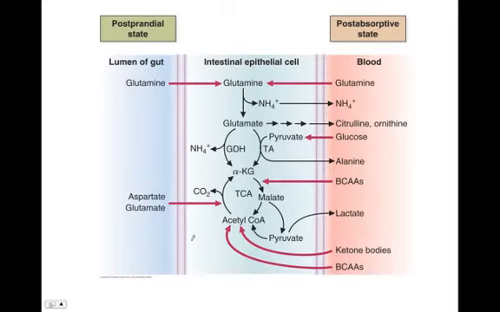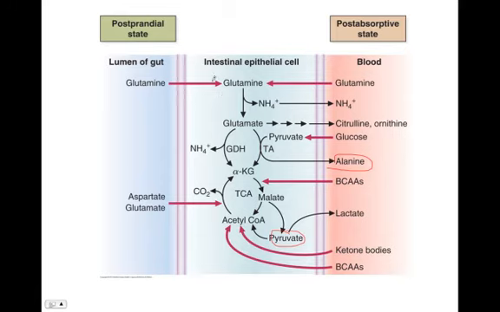The catabolism of amino acids in the intestinal epithelium is the same regardless of whether it's from the diet in the postprandial state or from the bloodstream in the postabsorptive state. In most cases, the amino acids are oxidized or converted until we've generated pyruvate or alanine, which can be taken back up by the blood as alanine or lactate and sent into circulation.